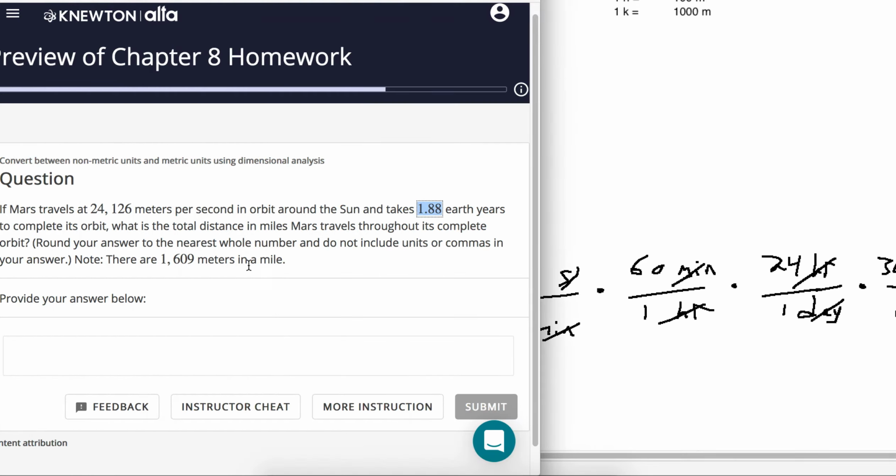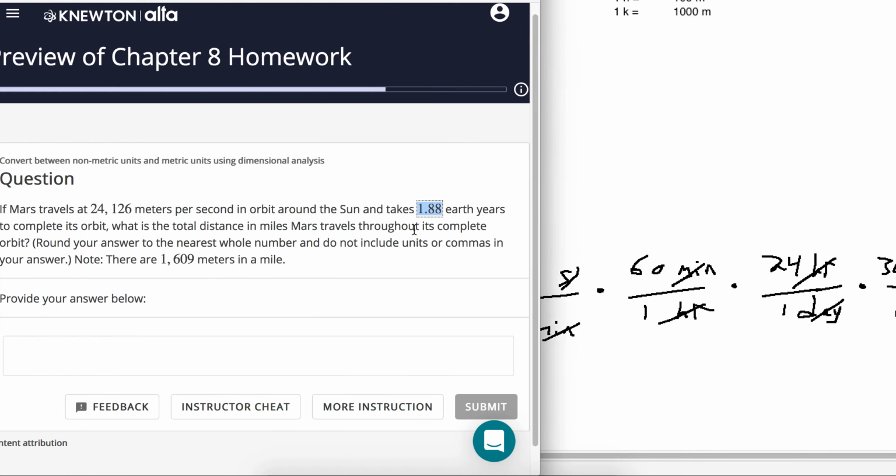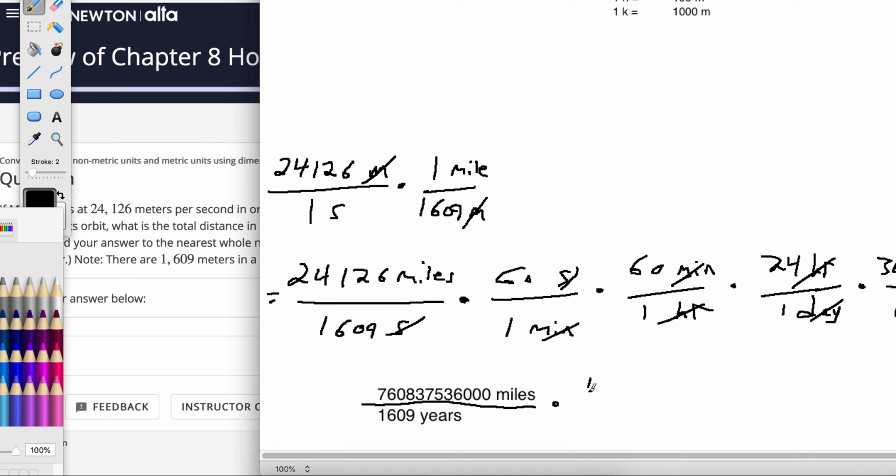What were we asked for in the final answer here? We were asked for the total distance in miles Mars travels to complete its orbit, okay? So this is still talking about the orbit of Mars, right? This is kind of like the velocity of Mars, just in miles per year. But now that we know that Mars's orbit takes 1.88 Earth years, we can multiply by 1.88 years over 1 to make the units cross cancel.